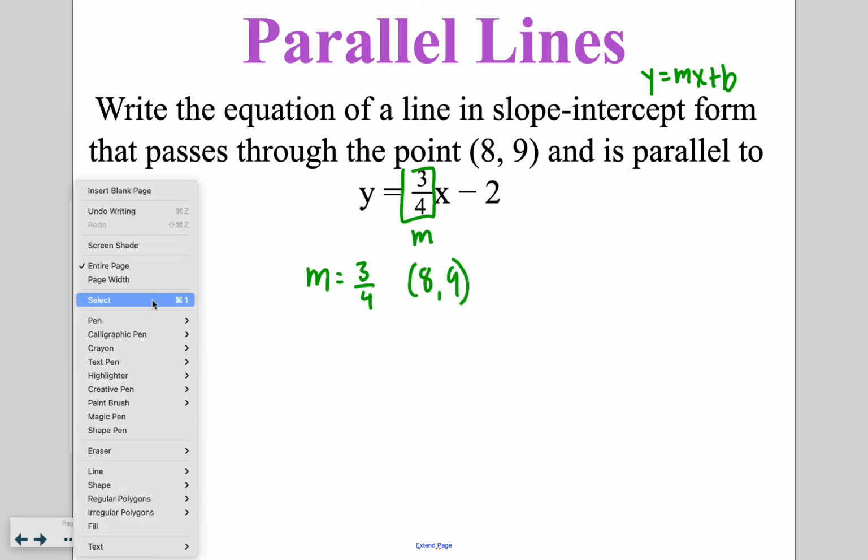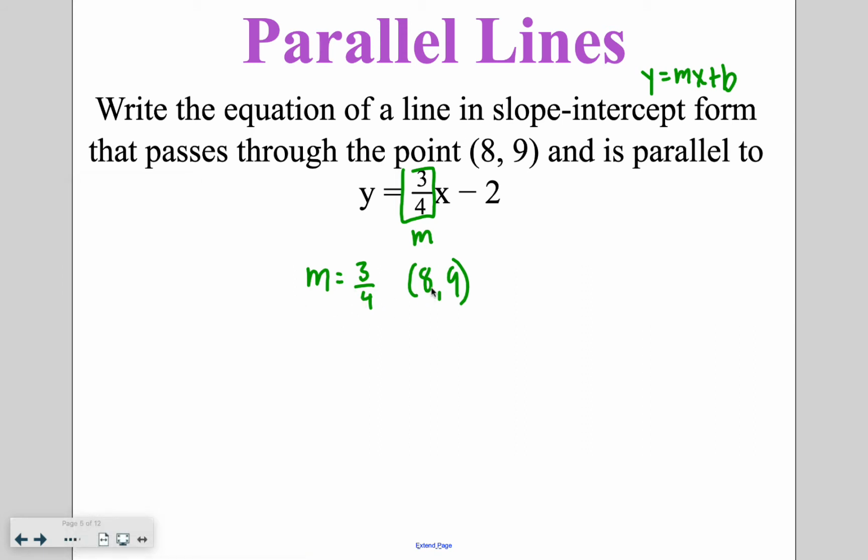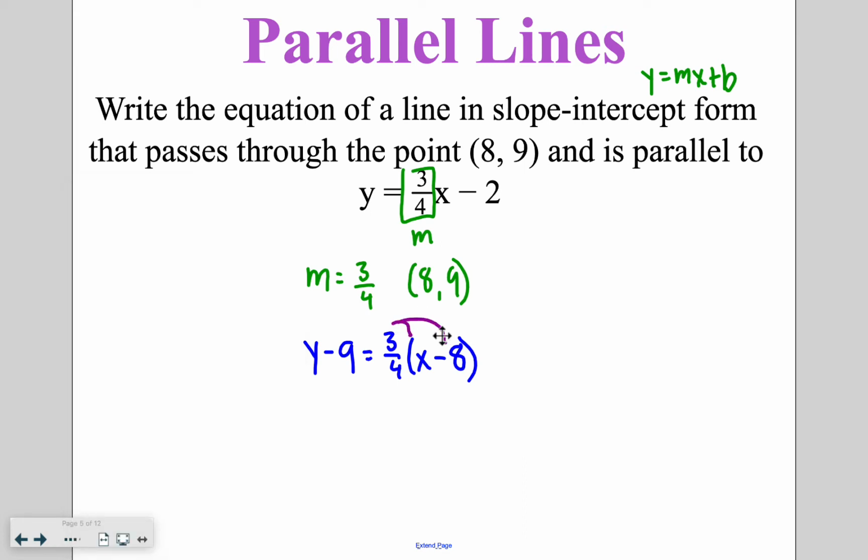I'm going to start by writing this in point slope format because we're given a point and a slope. So I'm going to say y minus 9 is equal to 3/4 times (x minus 8). But then I need to get it into slope-intercept form. So I'm going to go ahead and distribute to get rid of those parentheses. So I've got y minus 9 is equal to 3/4 x, and then 3/4 of 8 is negative 6.